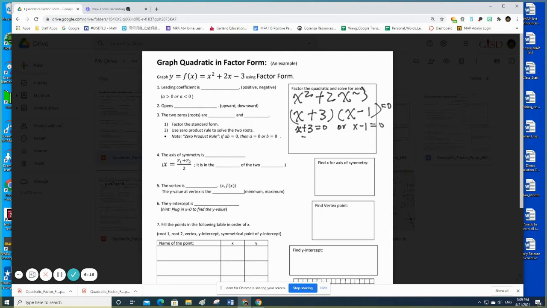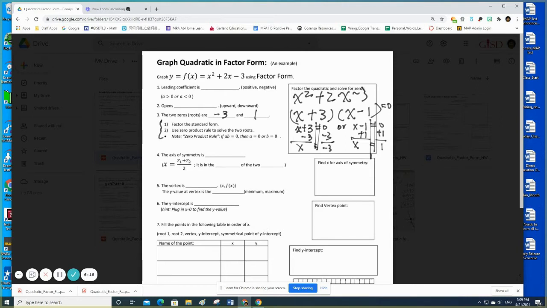Then we have to subtract 3. We get x equal to negative 3. We have to add 1. We get x equals 1. That's the two roots we have. So we find our two roots. The two zeros are negative 3 and 1.